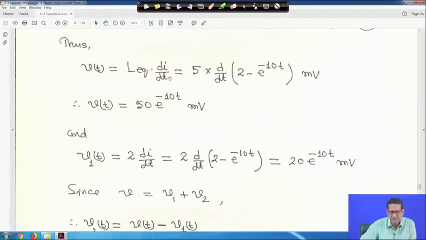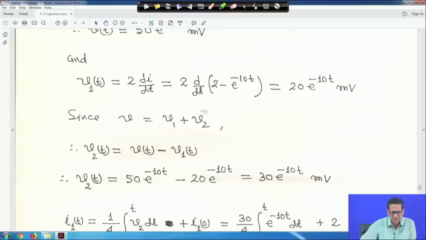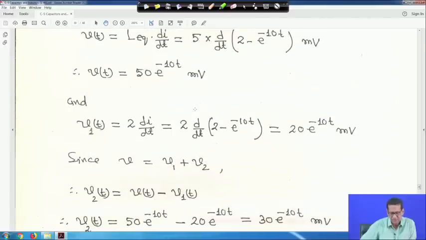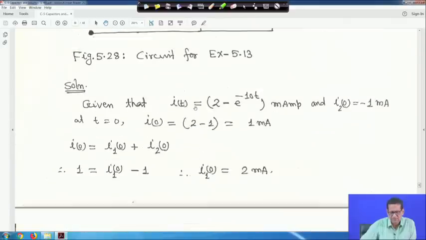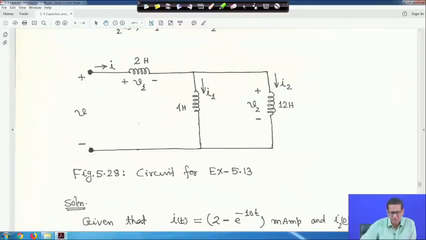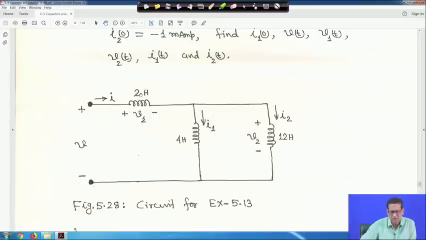So, V(t) is equal to Leq di by dt. Leq is 5 and I is equal to 2 minus e to the power minus 10t milliampere. If you take the derivative, V(t) becomes 50 e to the power minus 10t millivolt. Now, V1(t) will be 2 into di by dt, since the inductance is 2 Henry and the voltage across it is V1.